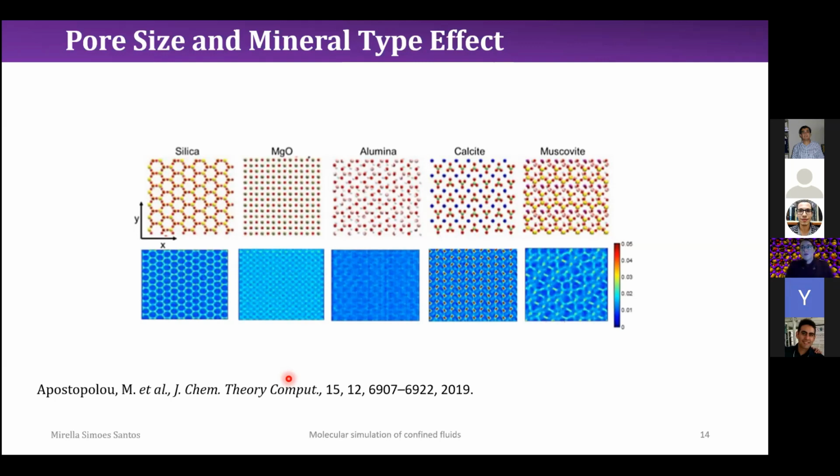The change was smaller than 10%, actually smaller than 5%. So this made it possible to consider for the next step, when coupling with the kinetic Monte Carlo approach, that the width of this adsorbed layer and the number of atoms adsorbed as a function of the area of our mineral would be constant for the different pore sizes.